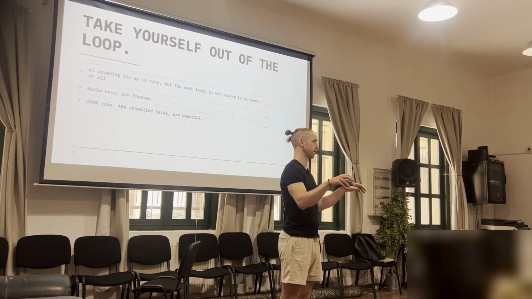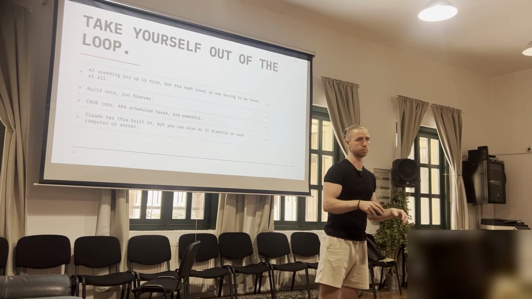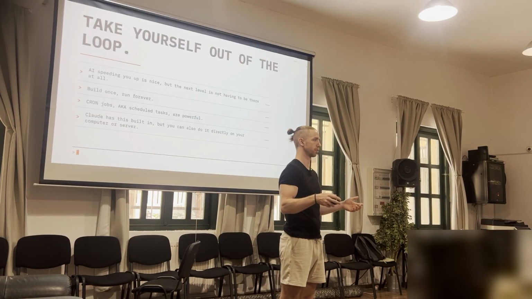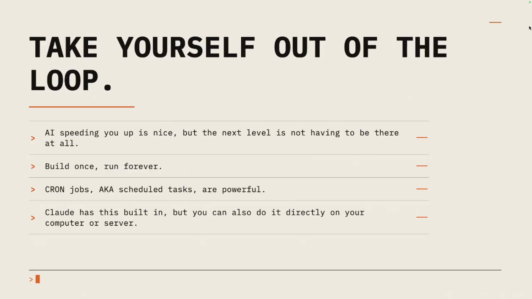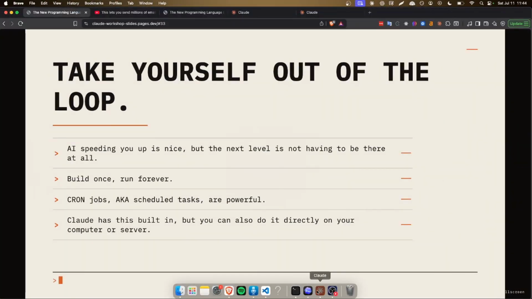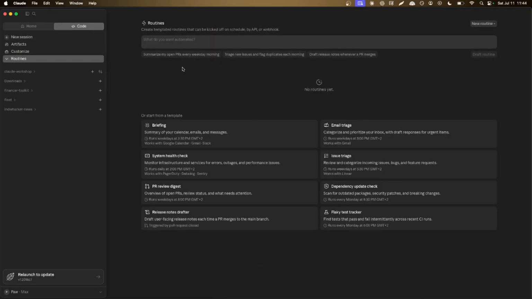You can set them up either to run on your local machine, on your own laptop, or you can buy a server, and then it can run on another machine constantly, right? And Claude actually has this functionality built in, I believe. If you go into the app, you can see you have these routines. That's what we talked about before.